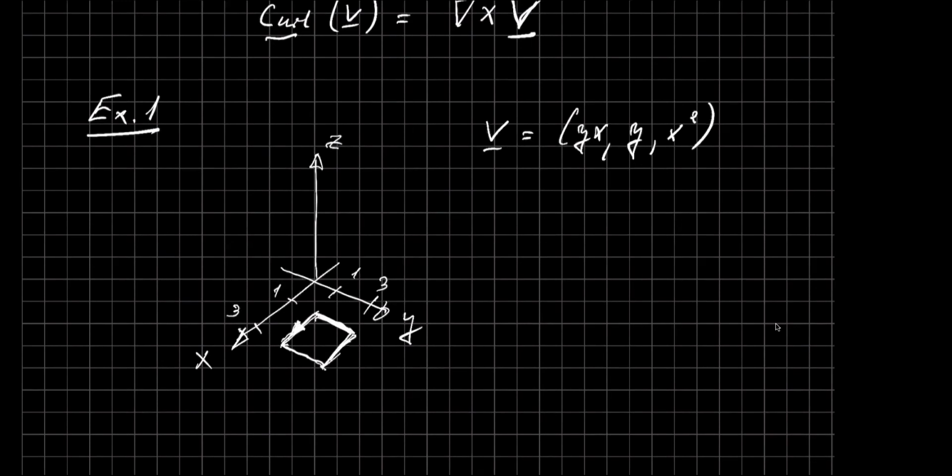In order to do so, I need to parameterize this boundary, and it consists of 4 parts. So if I call this part 1, and this part 2, part 3, and part 4, then I parameterize now.